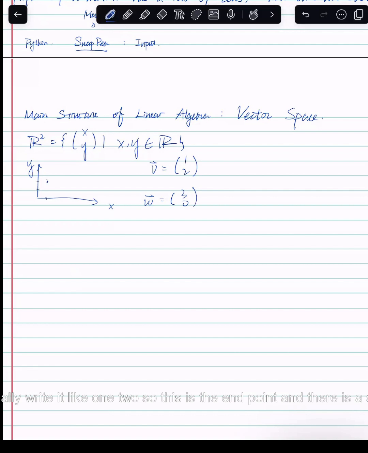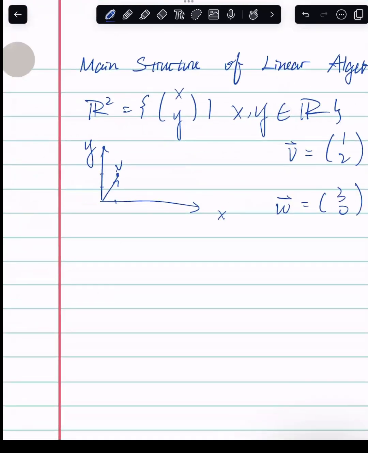So this is the endpoint, and 0 is the start point. So this could be a vector of 1, 2, and this is my vector v. And the w, 3, 0, is right here.